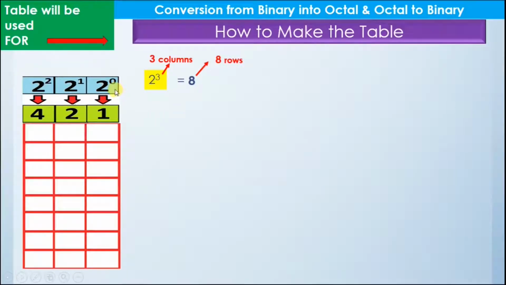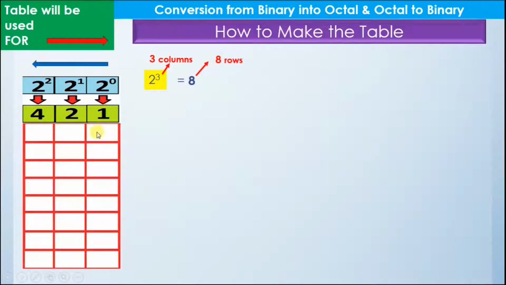Each column has a value that refers to powers of 2, starting from right to left. So the rightmost is 2 raised to power 0, and we know that 2 raised to power 0 is 1. The next is 2 raised to power 1, which is equal to 2. And the next is 2 raised to power 2, which is equal to 4.